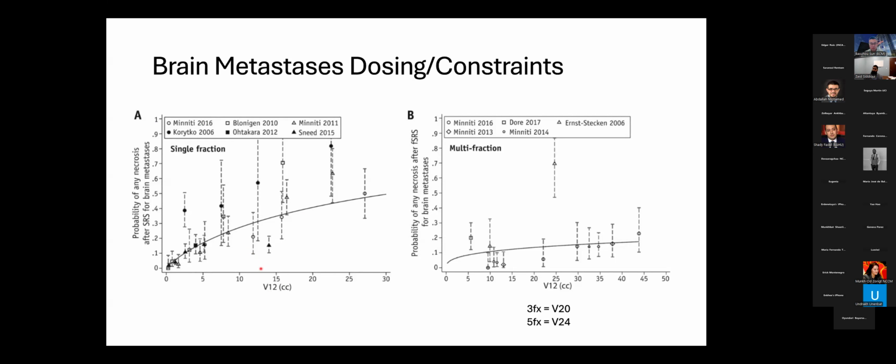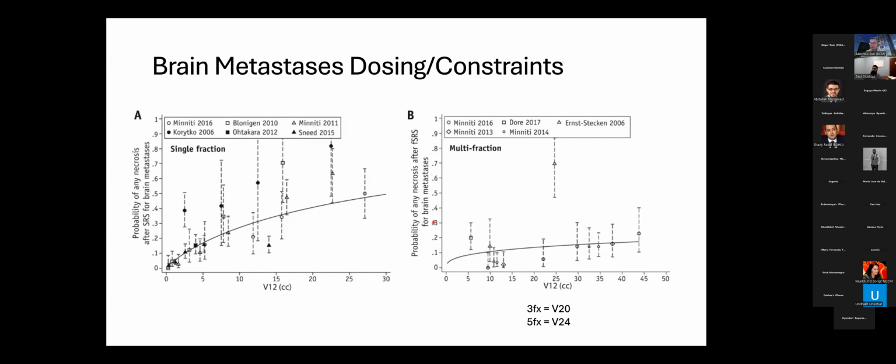However, this is an area of investigation, and most treating physicians will prefer a V12 less than 10 cc's of the brain, or the equivalent V20 and V24 if we're doing a 3 or 5 fraction approach, to be less than 20 cc's.